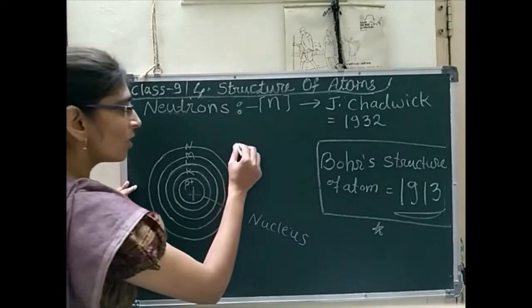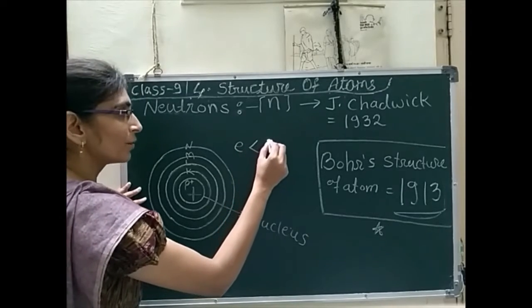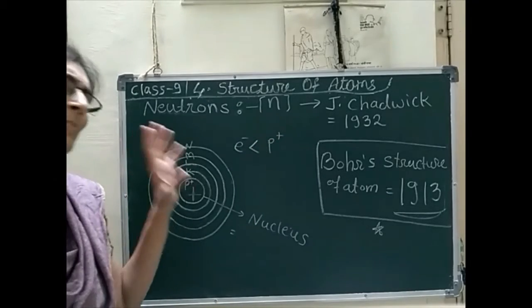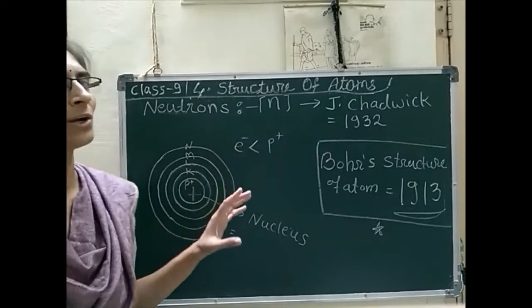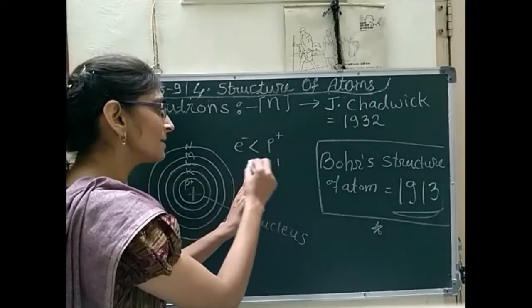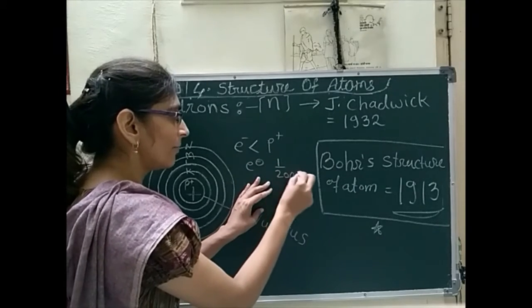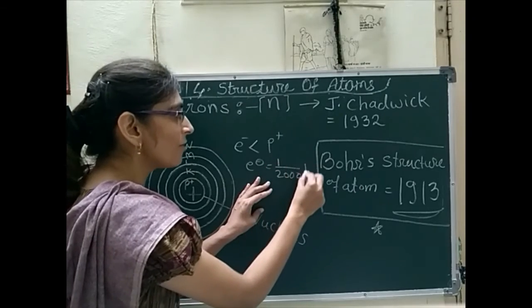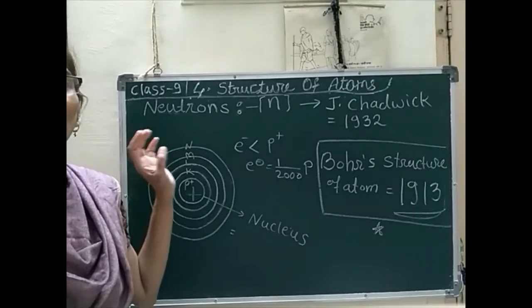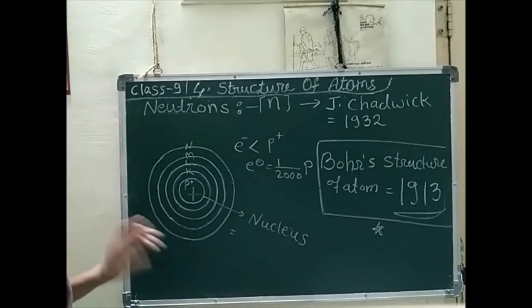Electron has less mass as compared to proton, very much lighter, about 1 upon 2000 times the mass of a proton. That is how much lighter the electron is than the proton.